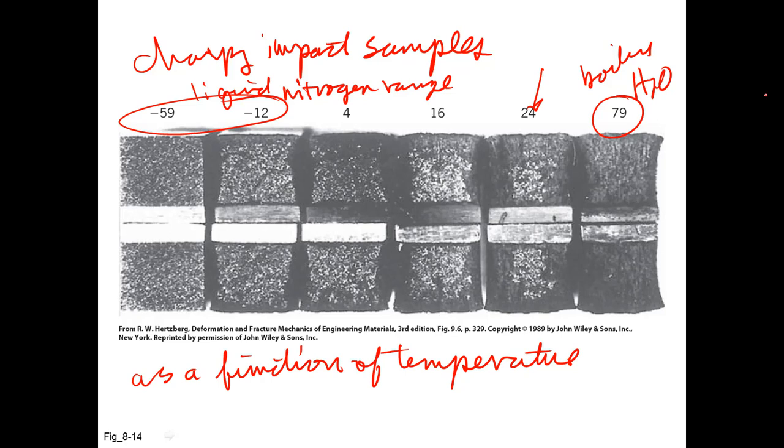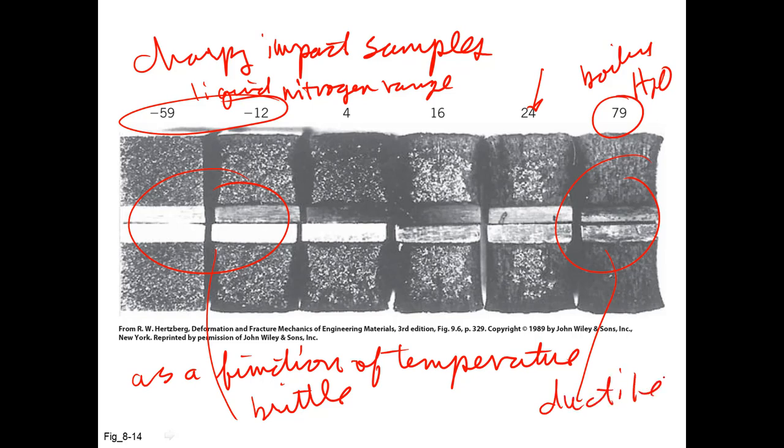But what we see is that at the low temperature, these samples are brittle, giving our classic smooth surface, and then they become more ductile as that temperature increases. In all cases, the fracture occurred here at this notched surface, which is expected and desirable in the Charpy impact test.